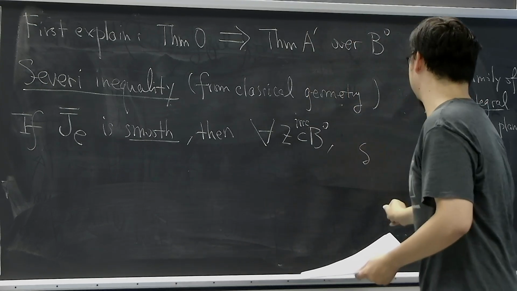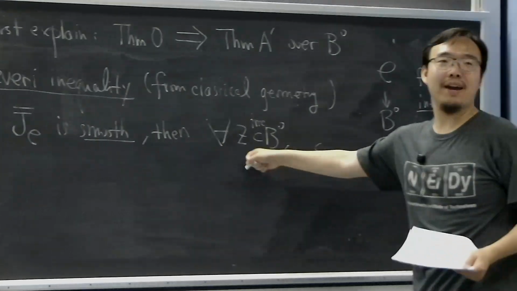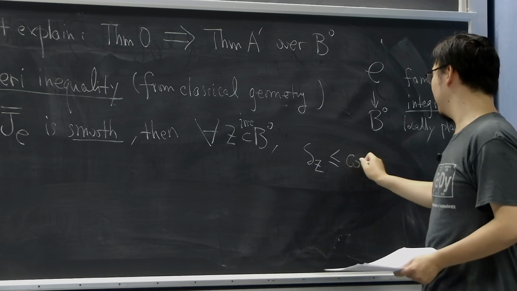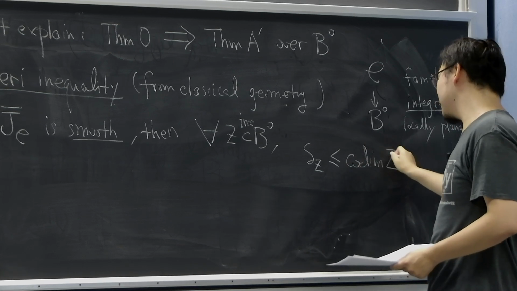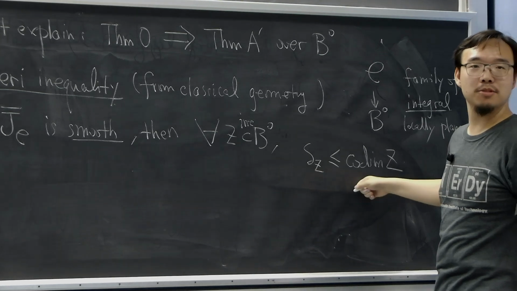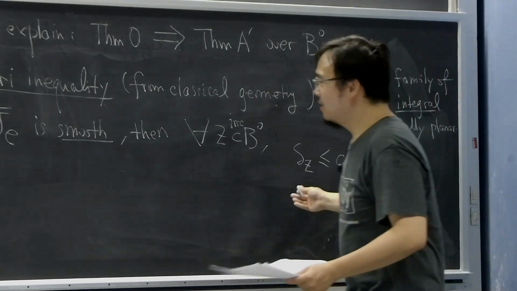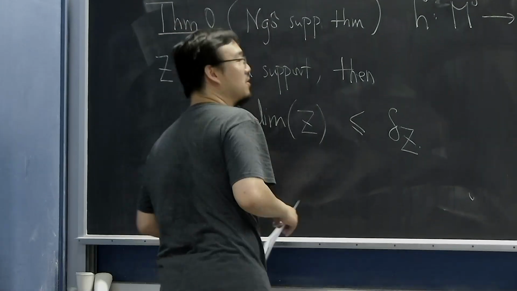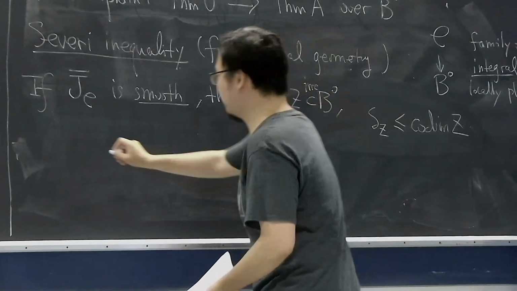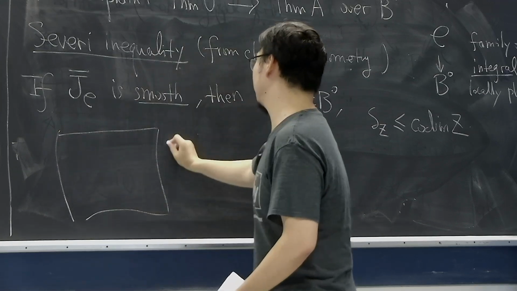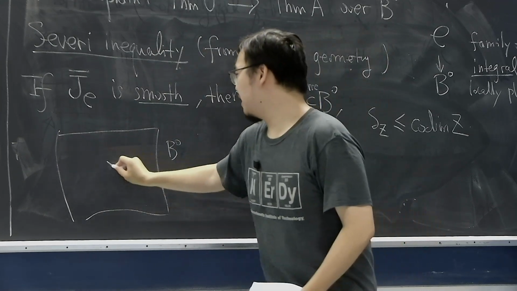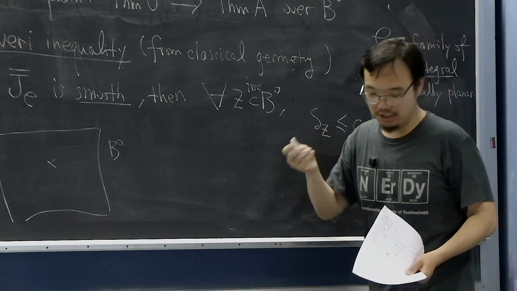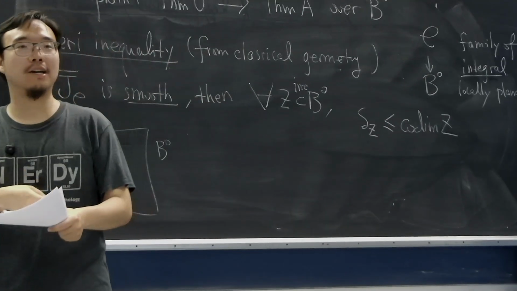So we know that the delta function of any subvariety is bounded above by the codimension of Z. This has nothing to do with Z being a support. It's just the smoothness of the total family, and this tells you that this is true. This looks like quite a surprising statement, but if you spell it out, generically the delta has to be 0, because there should be no singularities of the curves.